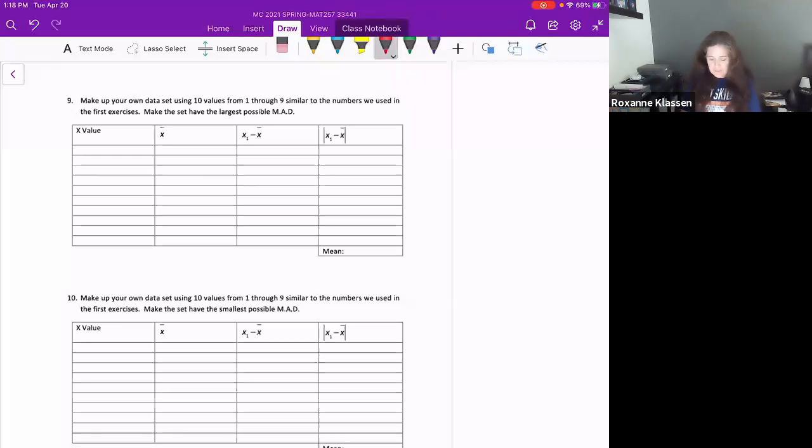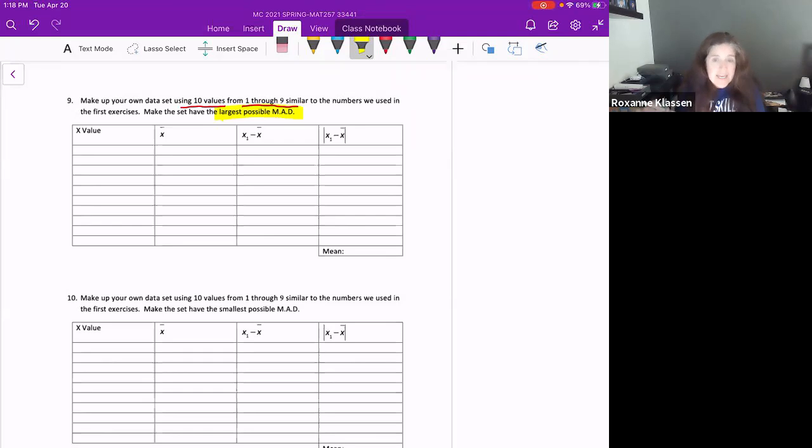Okay. So on number 9, it says, make up your own data set using 10 values, using only the digits 1 through 9, like we just saw on data set A, B, and C. And you want the largest possible MAD. So it shouldn't be smaller than 3 and 2/10, because we know we can get it to be at least 3 and 2/10, right?